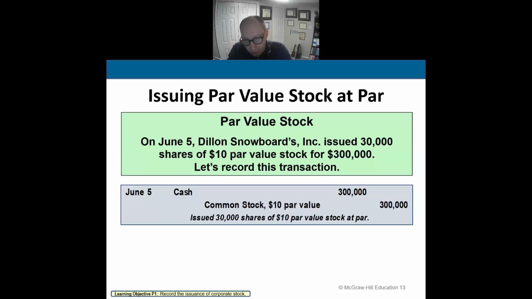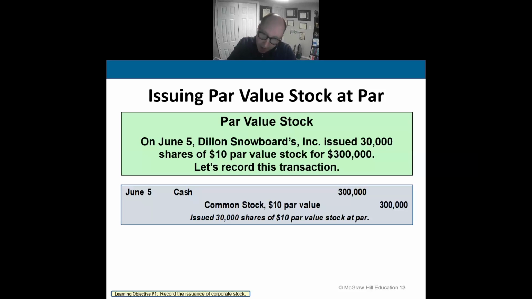So let's record the transaction. We debit cash. Why? Because we're selling stock. We're selling 30,000 shares at $10 a piece. That's 300,000. So we debit cash to increase our cash by 300,000. We credit common stock 300,000.